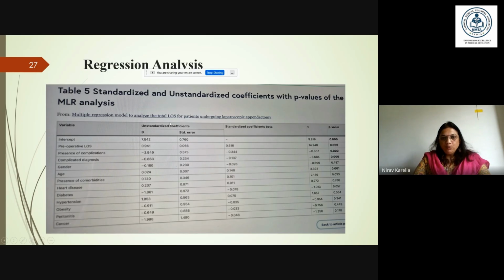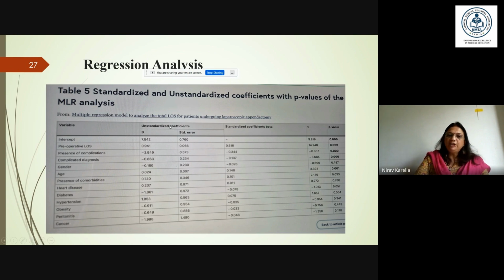Now, what do we mean by unstandardized coefficient? This remains the same whether you use SPSS, GraphPad, or any statistical software.